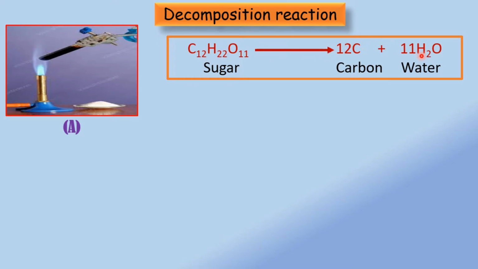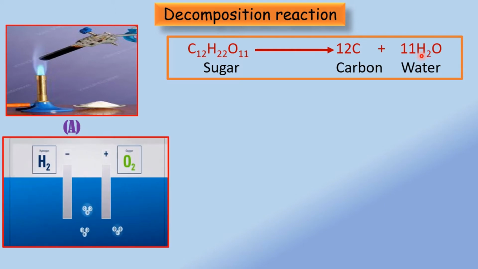Let us do one more activity. Here in the activity B, we have already studied in the previous standard that water gives rise to hydrogen and oxygen gas on passing electric current through acidulated water.